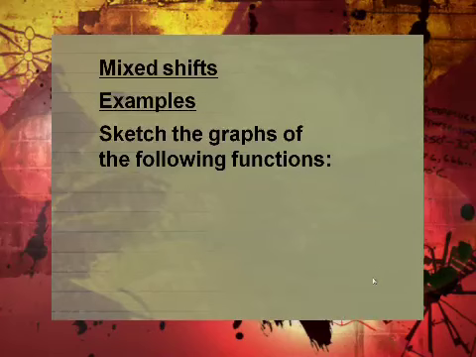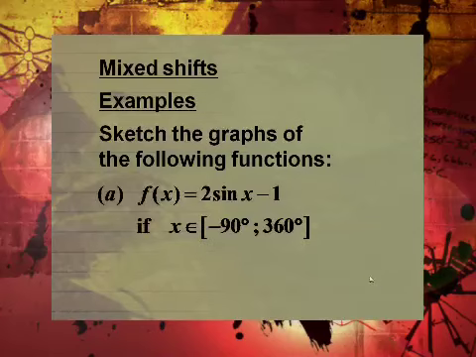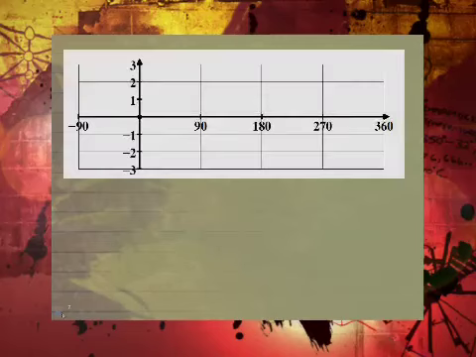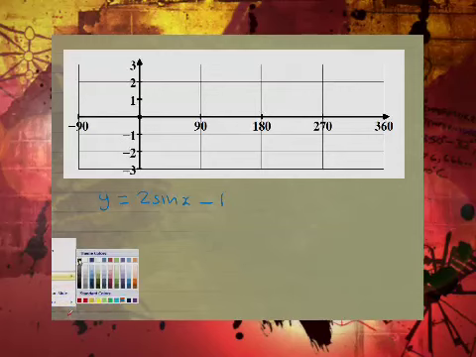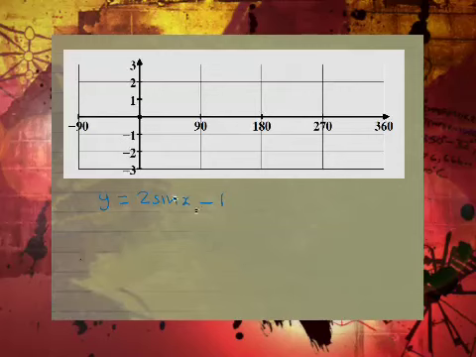And you might get a few mixed shifts. Look at this one. If they ever ask you 2 sine x minus 1, let's do that. So y is equal to 2 sine x minus 1. Now, how do we do that? Well, look at this.